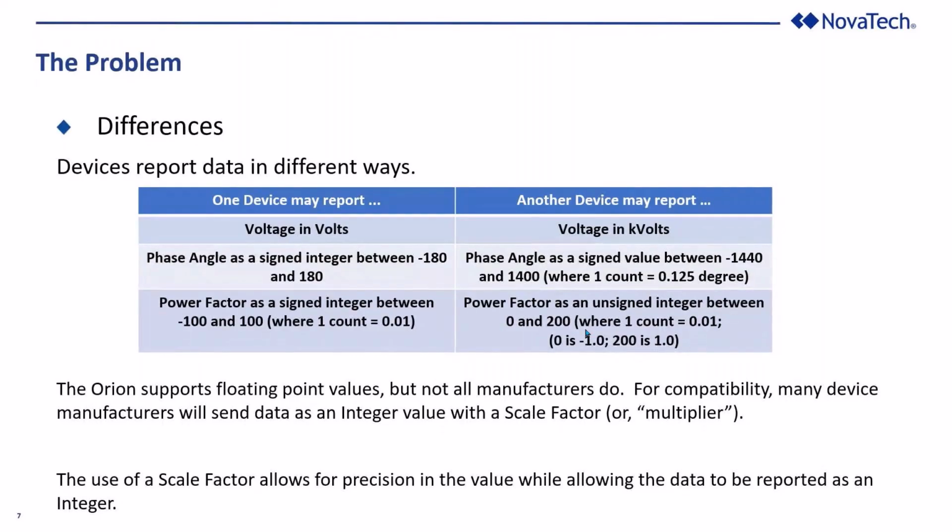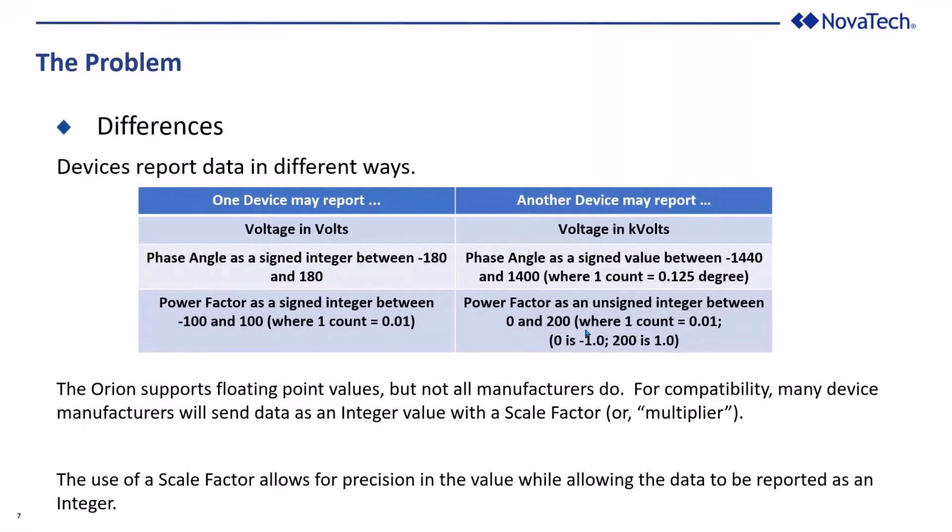Now, other devices go for a little bit more precision. While they still report it as an integer value, you might have a value like I show on the right, a value between 0 and 1,440, is what that slide should say. But what they're saying is that one integer count is equal to an eighth of a degree, or 0.125 degrees.